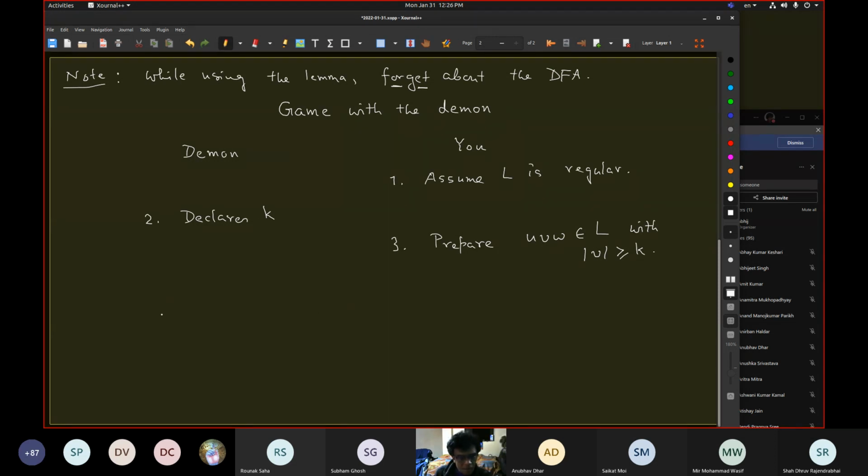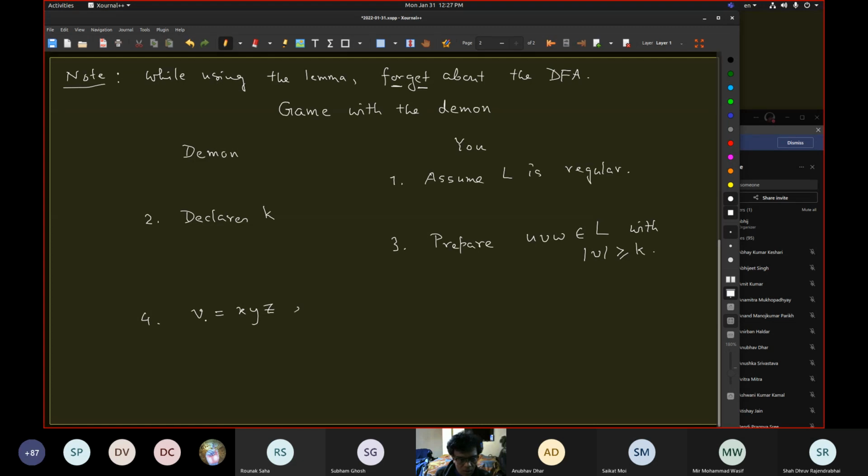Then the daemon gives you a decomposition of the middle part, that V part, into X, Y, Z, and the daemon must also satisfy the rules of the game.